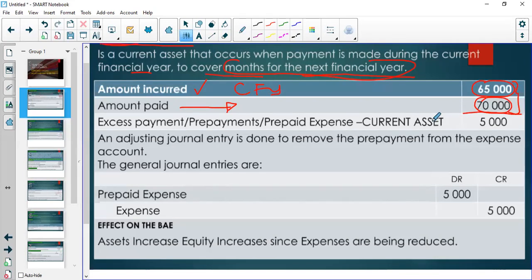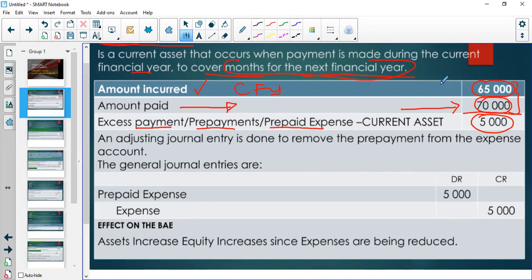All right. Then after paying 70,000, there's an excess payment which we made, which we refer to as prepayment or a prepaid expense, which applies to the following period. It's 5,000. So when we report in the income statement, to be precise, the expense is not the 70,000 we paid.